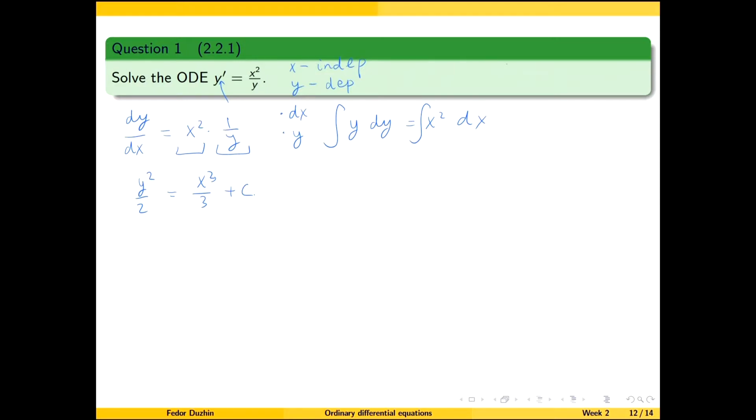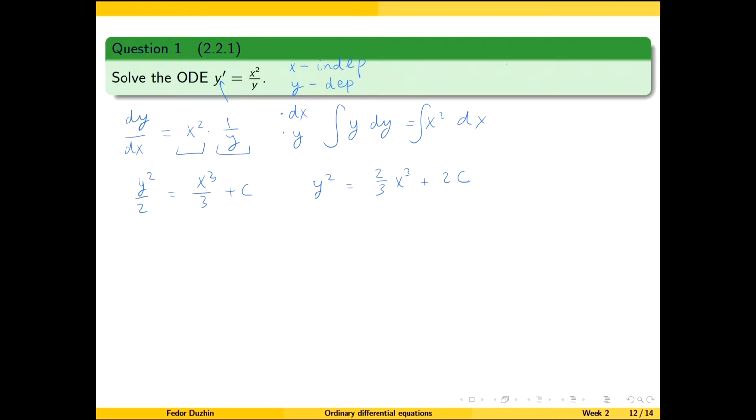Then in order to solve for y, the first thing that we need to do is to multiply by 2. So let's solve for y squared first. So y squared equals 2/3 x cubed plus 2 times c.